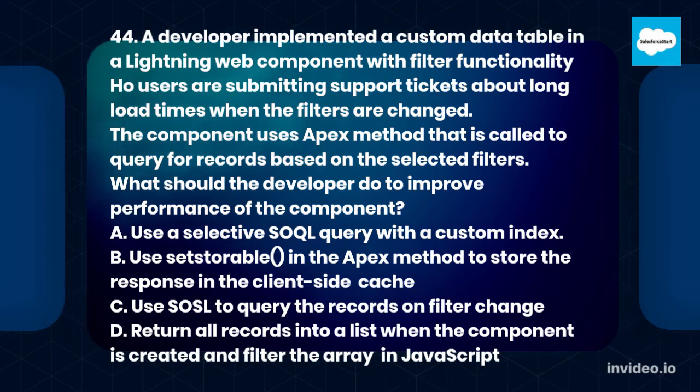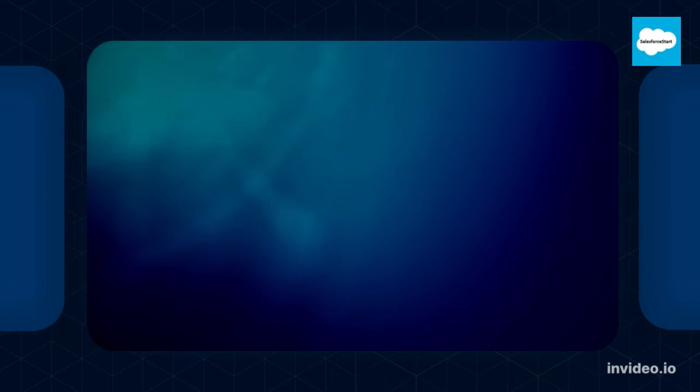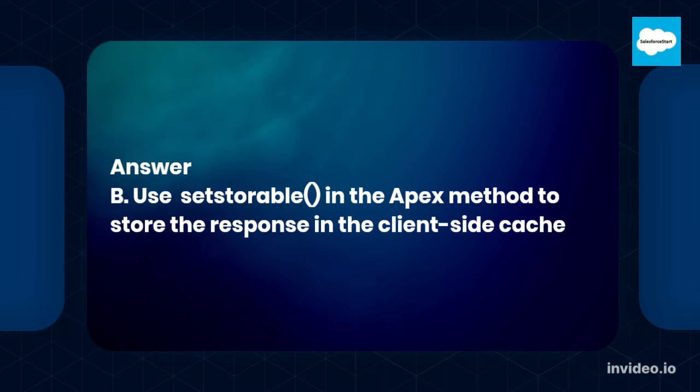B. Use setStorable in the Apex method to store the response in the client-side cache. C. Use SOSL to query the records on filter change. D. Return all records into a list when the component is created and filter the array in JavaScript. Answer. B. Use setStorable in the Apex method to store the response in the client-side cache.